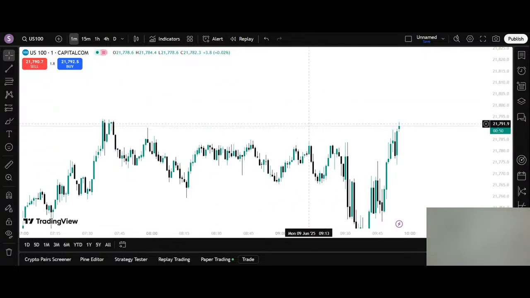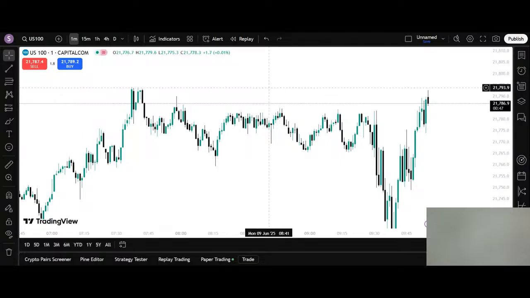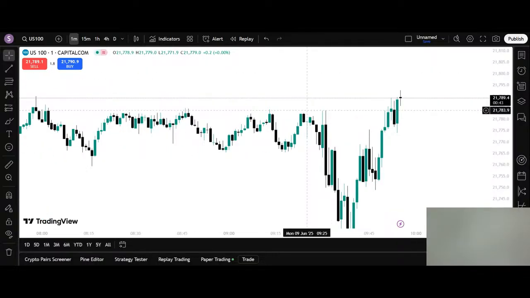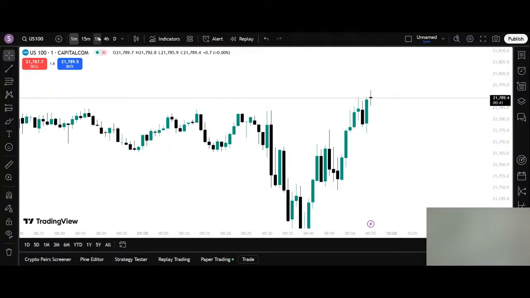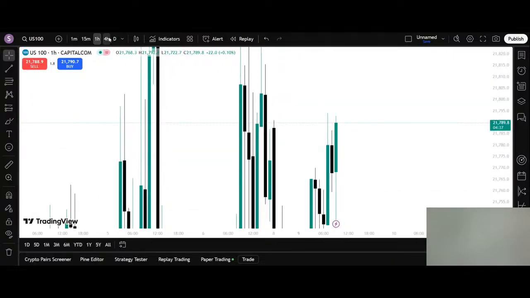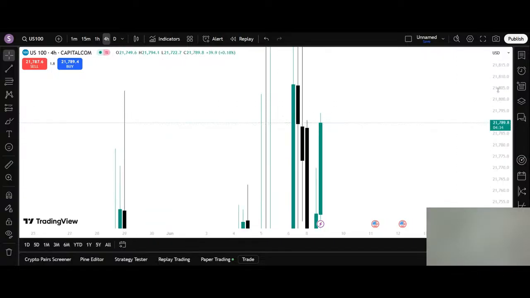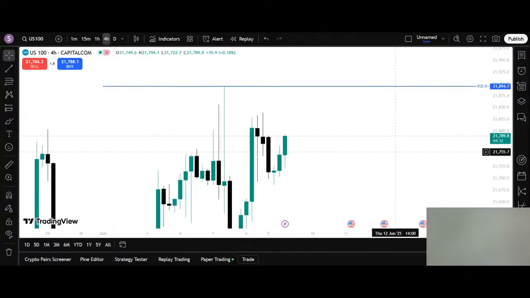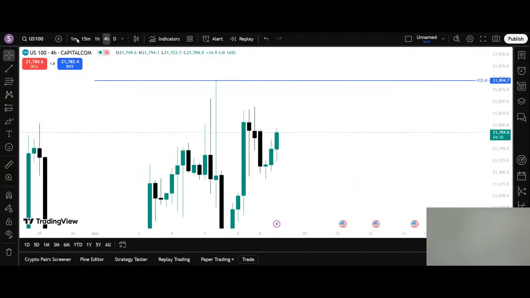It could happen that we find a sell after 10 and price has cleared all this liquidity here. Let's see how this 1 hour and this 4 hour candle close, so you can have a good bias. Honestly, the daily candle looks bearish.